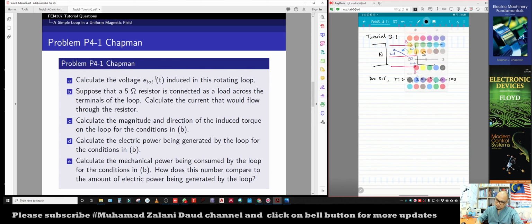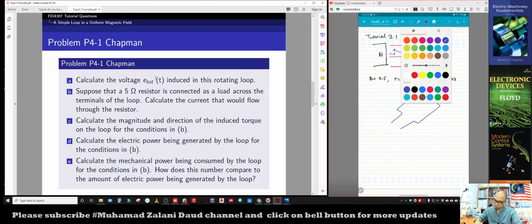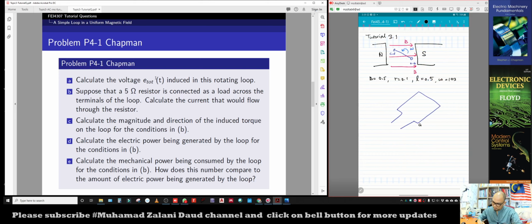For this particular wire loop, if I redraw it as a wire loop like this, suppose we have the AB segment and the CD segment, then we rotate this wire loop in the counterclockwise direction.